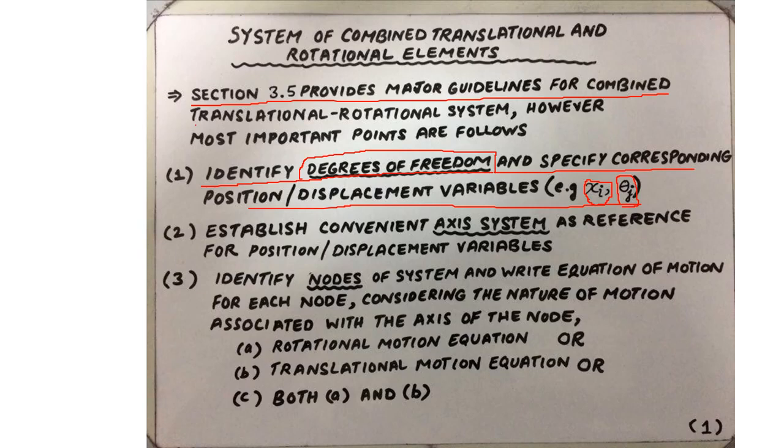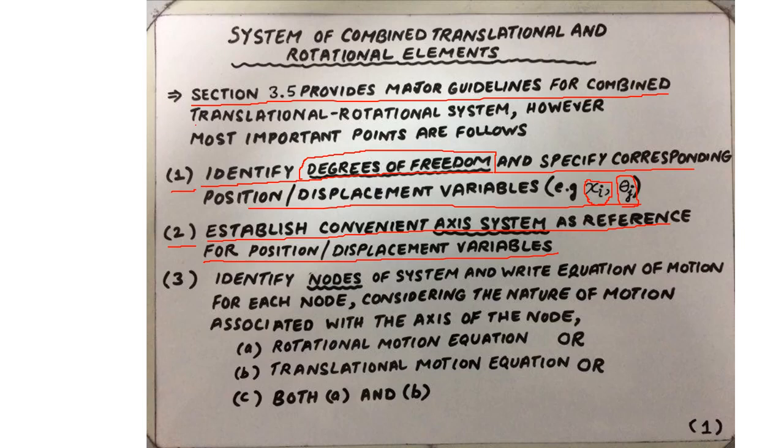However, note that the description of these variables remains incomplete unless we establish a convenient axis system which provides a reference for these variables. So in that sense, I believe that condition 2 is more important than condition 1, and perhaps it makes more sense to reorder these conditions.